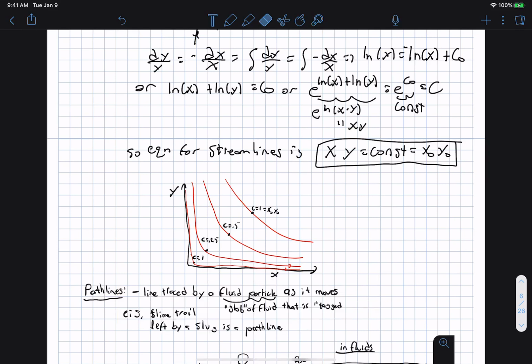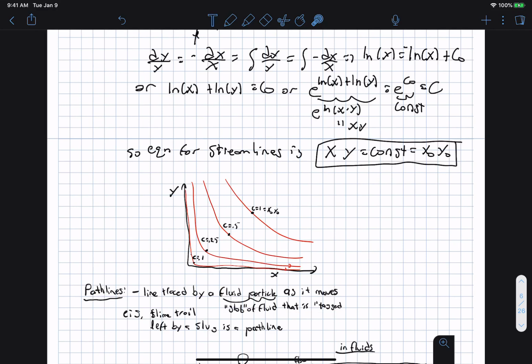A path line is a line traced by a fluid particle. What I mean by a fluid particle is a glob of fluid that is basically tagged, and we're just following it around. We're going to be talking about fluid particles all the time. It's just a concept.